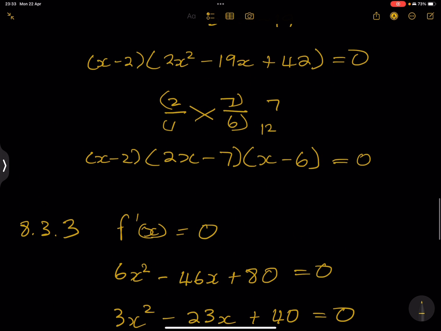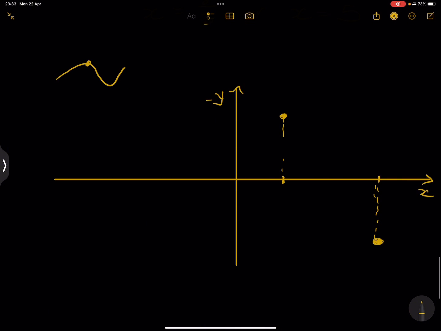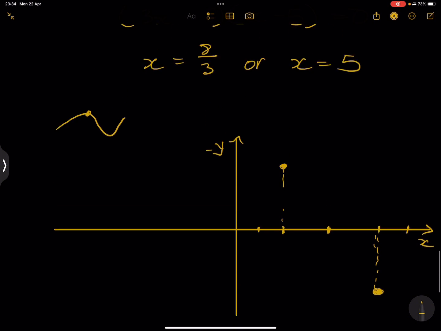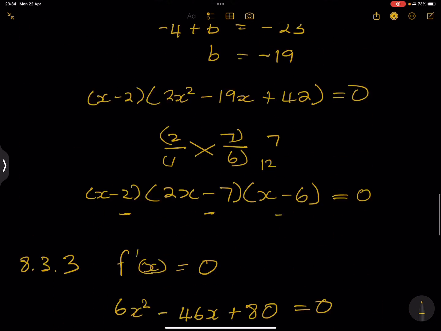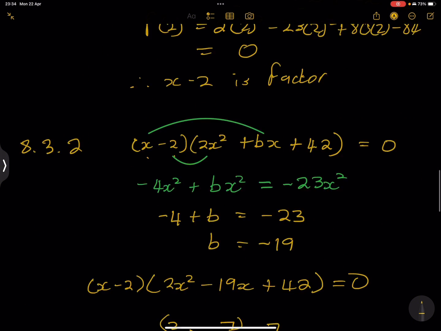Now I know my graph cuts at 2, at 7 over 2, as well as at 6. Okay, so at 2, at 7 over 2, as well as at 6. And our y-intercept in this case would be at negative 84.